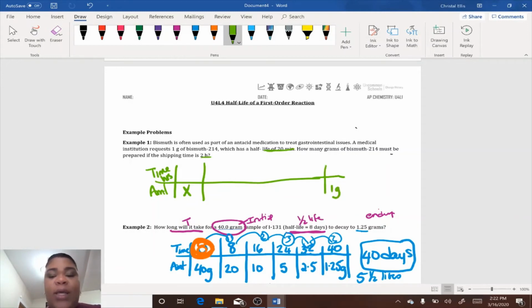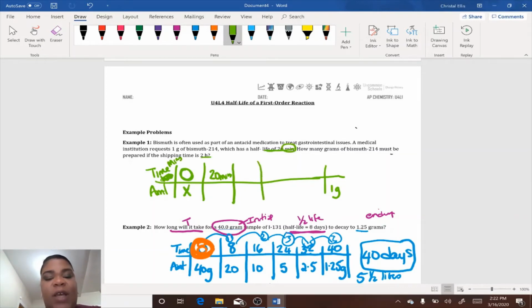So the half-life time, we always start at 0, and then we go into our half-life next. The half-life is 20 minutes. So the units here are minutes.